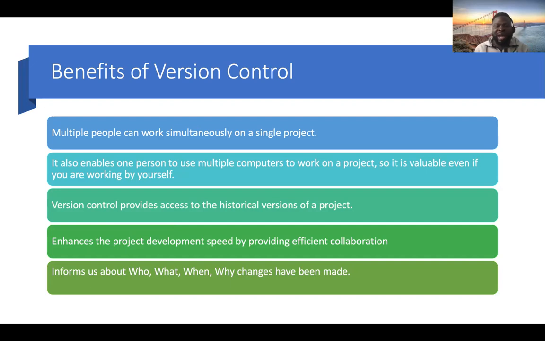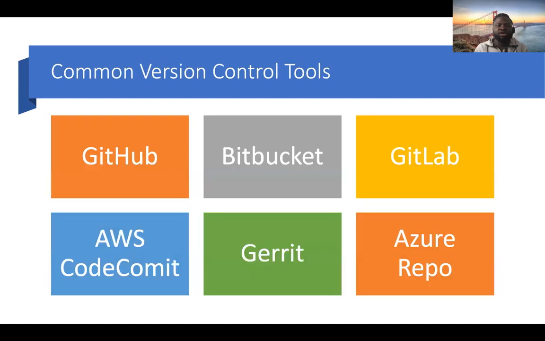Did they just remove a line or edit something? With a version control system, you will know all those things, which is very, very key again, because it's collaborative work. It's done by a lot of people. You want to make sure that you have control over what everyone is doing. So it's very powerful and very useful.